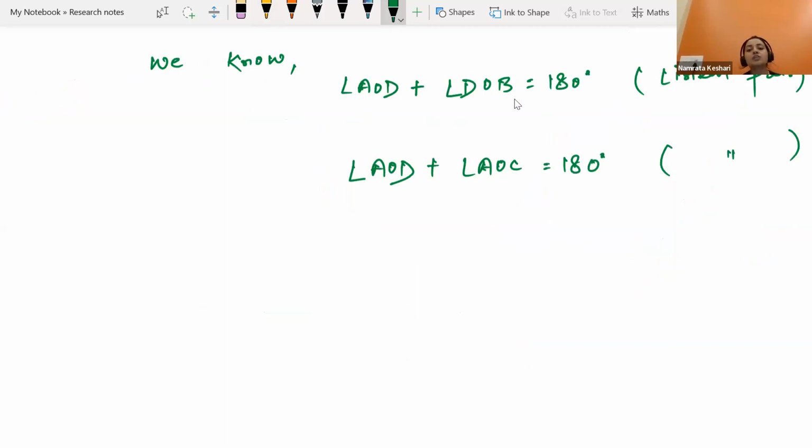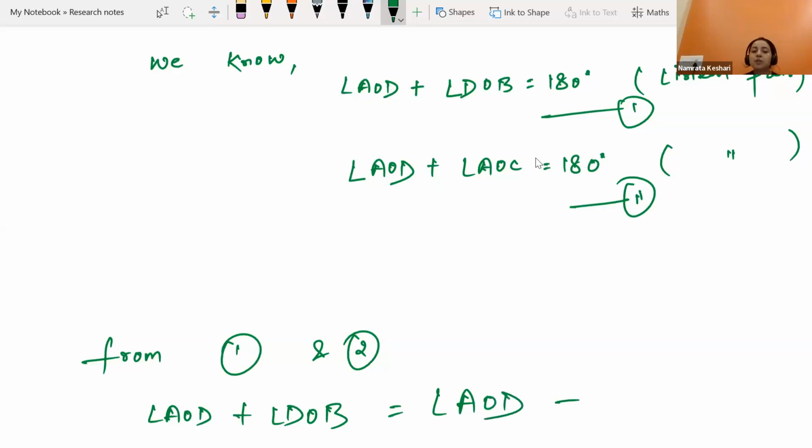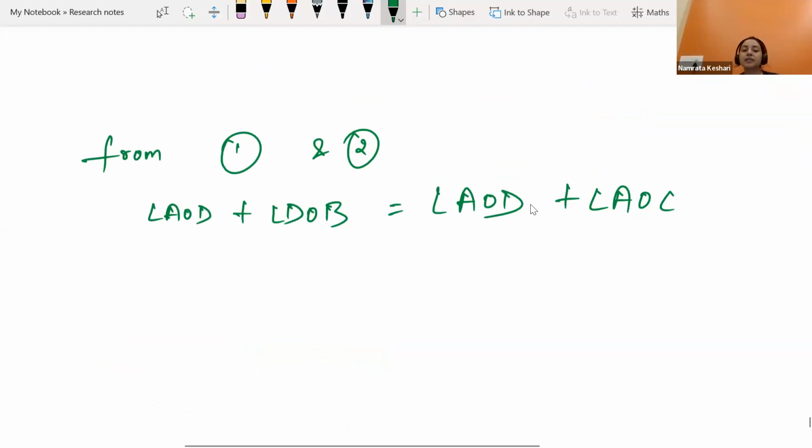Now we can compare equation 1 and 2 because both are generating the same value, 180. From 1 and 2 we can write: angle AOD plus angle DOB is equal to angle AOD plus angle AOC, because both are equal to 180 degrees. Can we write it? Yes, ma'am. And here we will cancel out this term.